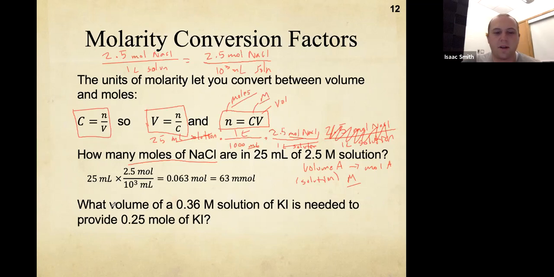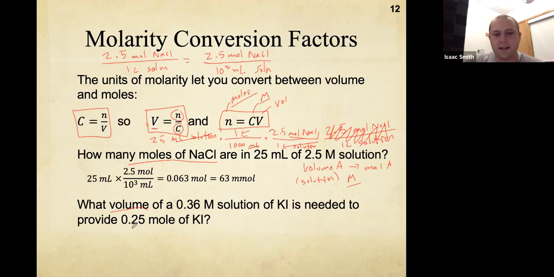This question says, what volume of a 0.36 molar solution of potassium iodide is needed to provide 0.25 moles of potassium iodide? In this case, we're actually looking for volume. So if you use the formula here, volume is equal to the number of moles divided by the concentration.